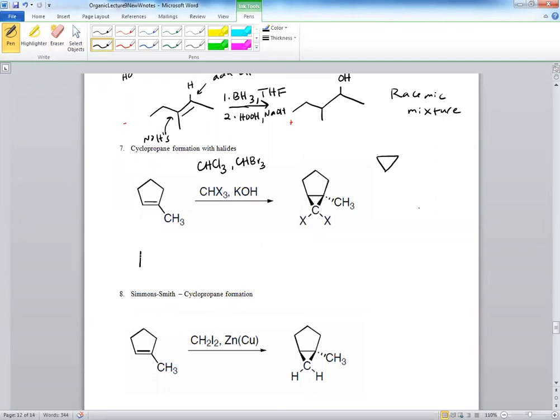So if I have a simple reaction like this, and I have CHCl3, which is chloroform, and KOH, then this is how I would draw the ring.